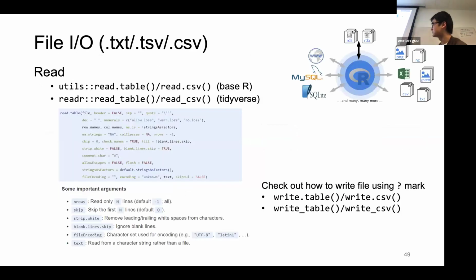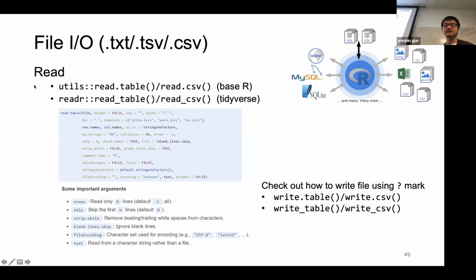So the very first thing to do data wrangling is to import your data from a file, for example a txt file or a comma separated file, into your R object, into the R computing environment. So the very first thing you need to do is to read the data, right? Read the data from base R or tidyverse and save it into a data frame or some other list.